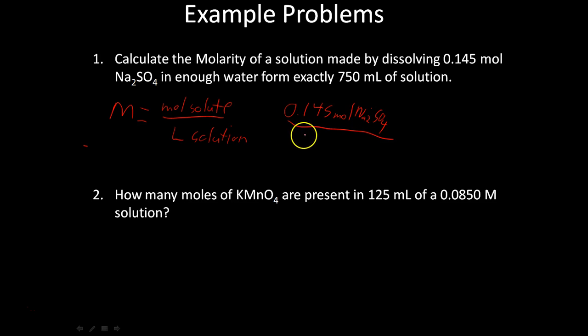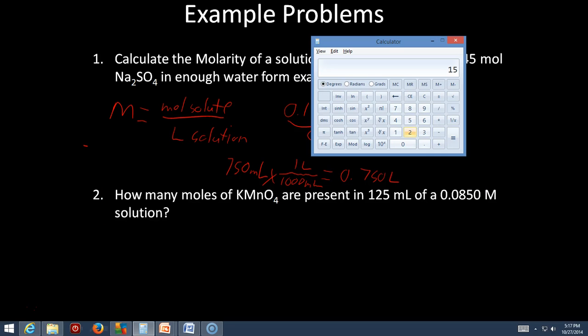And then down here, we have to convert this into liters, so 750 mL times the conversion, 1000 mL for every 1 liter, ends up being 0.750 liters. So we put 0.750 liters there.